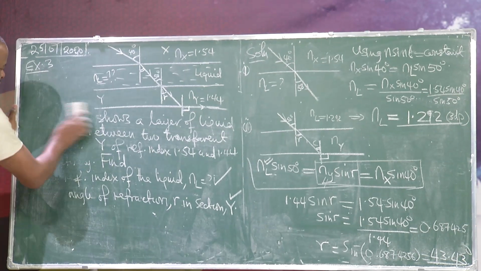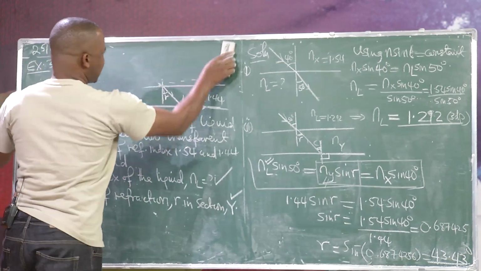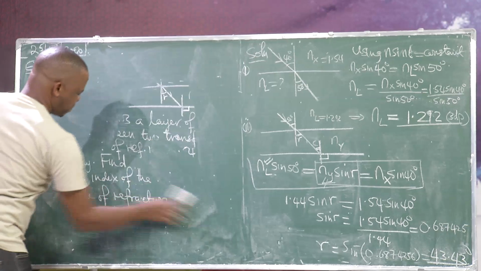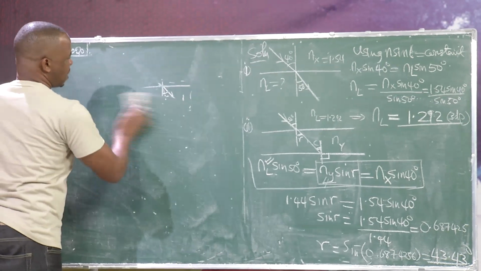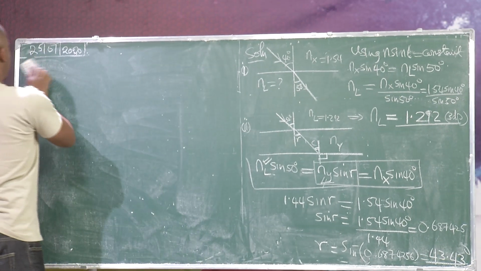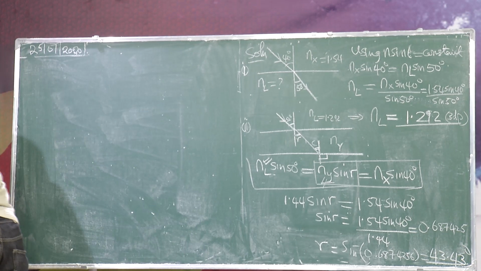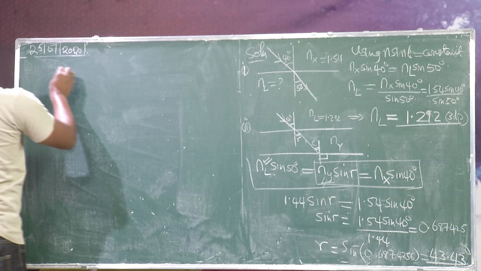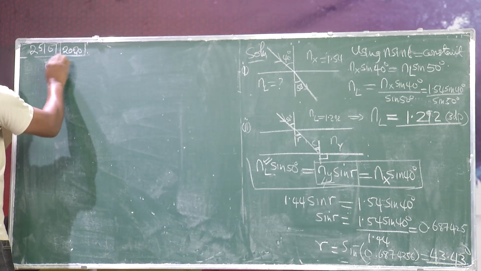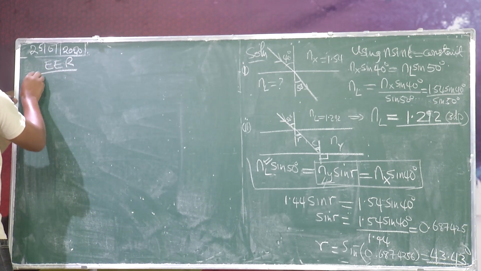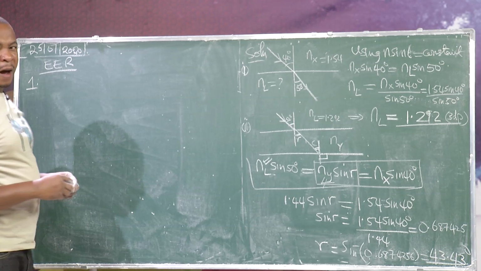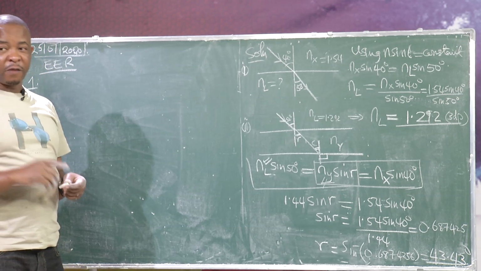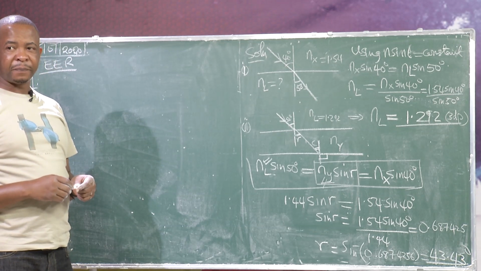I want to proceed and utilize the remaining time to put a few questions. But in addition, I want to challenge all the learners out here that the major textbooks for physics are Advanced Level Physics by Neil Conan Parker.